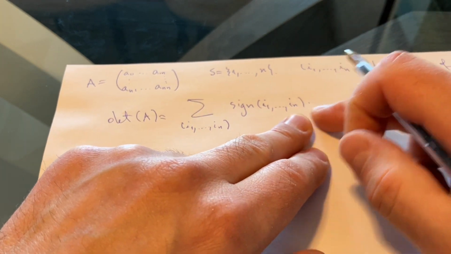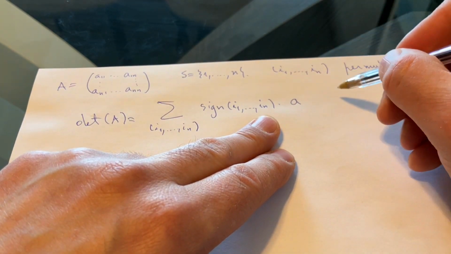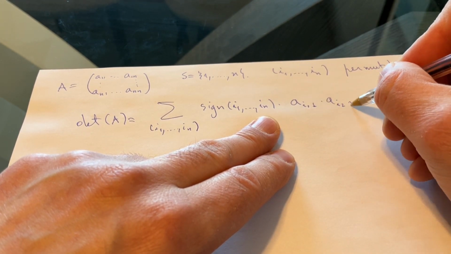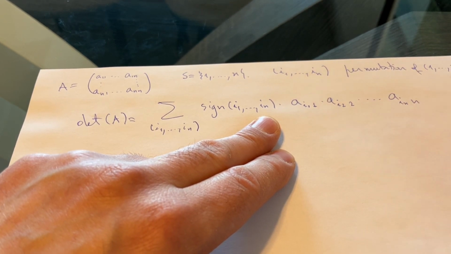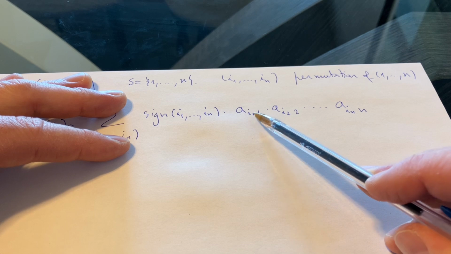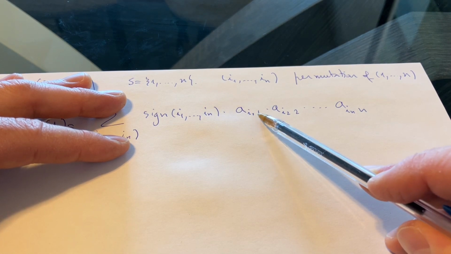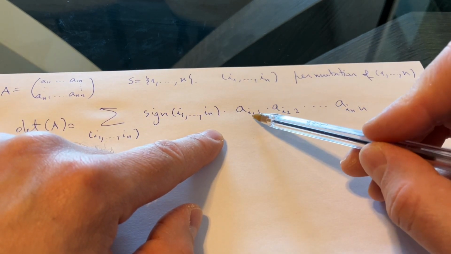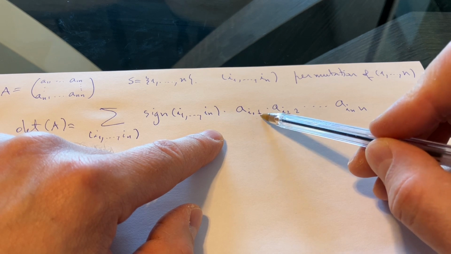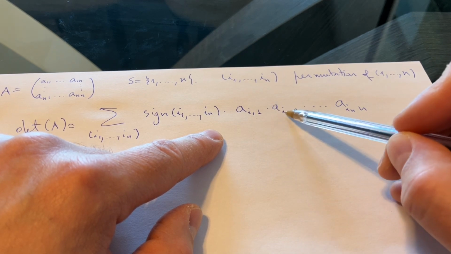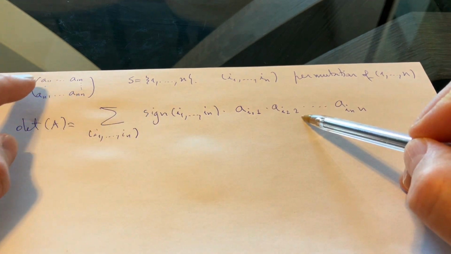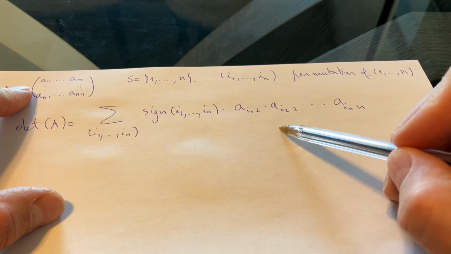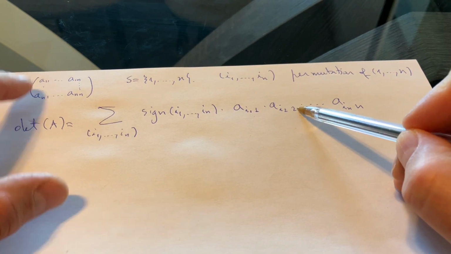So we're going to take the element i1,1, which is the element located along the i1 row and the first column. A i2,2 is the entry of the matrix A located along the i2 row but the second column, and so on.